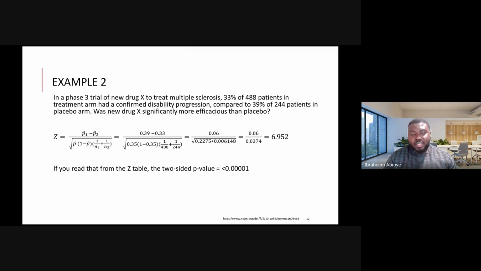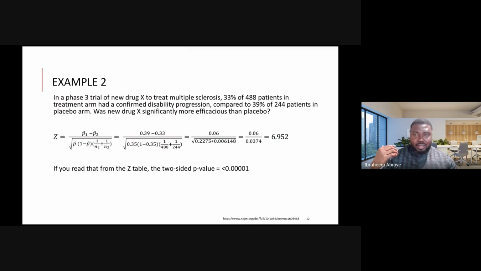When you're comparing one proportion to another proportion, and both proportions are from independent samples, such as when you're conducting a randomized trial testing treatment A versus treatment B, let's say you have two antihypertensive drugs.